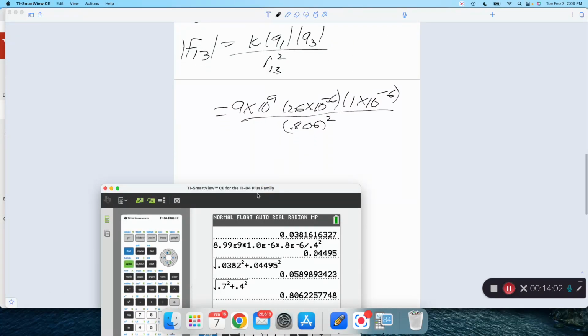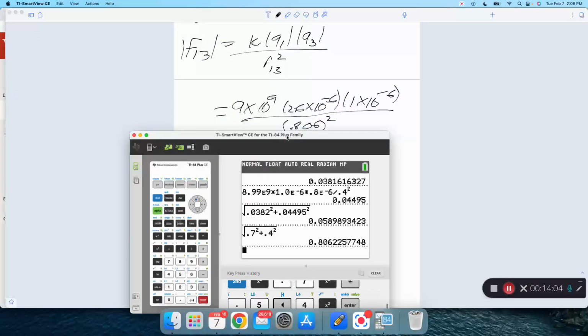I just want everything to be on the screen here. All right, so 9 times 10 to the 9th times 2.6. Notice all these charges I'm putting in as positives. We never put negatives into Coulomb's law. We're finding a magnitude here.